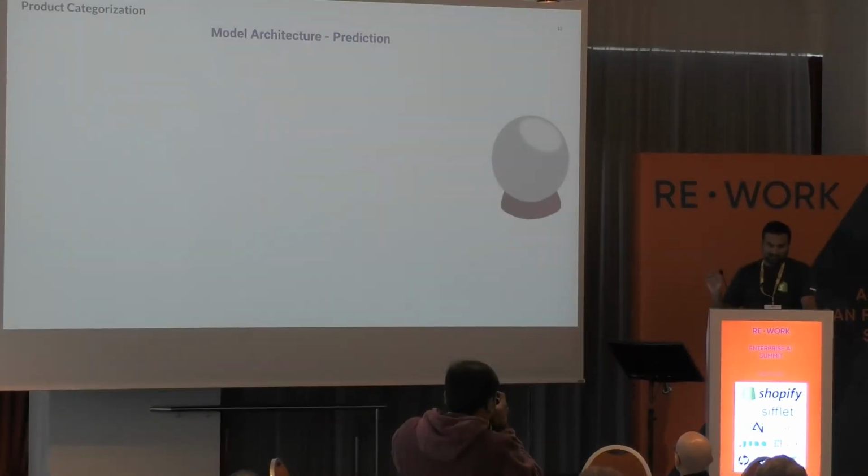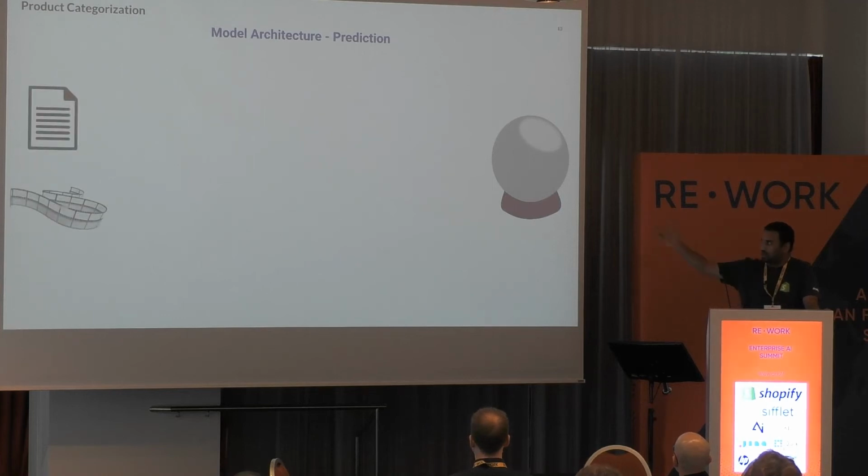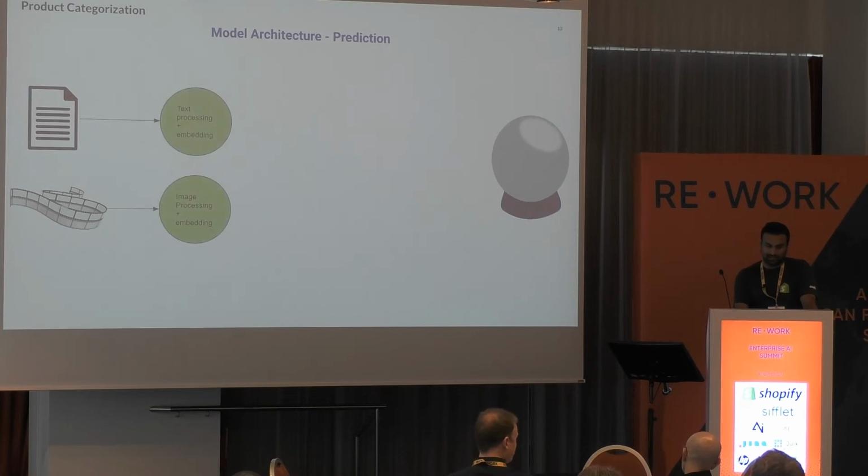And so for inference, we wanted the model to be as modular as possible so that we could optimize for performance and compute optimizations, right? We would always start by having the raw text and the raw image of a product. That's where we start, right? This meant that we could use things like caching of the embeddings itself, right?